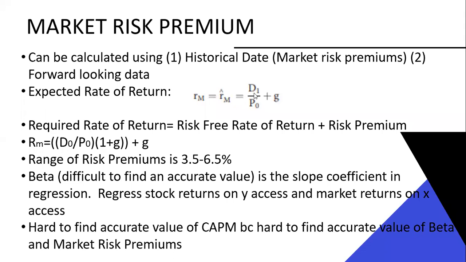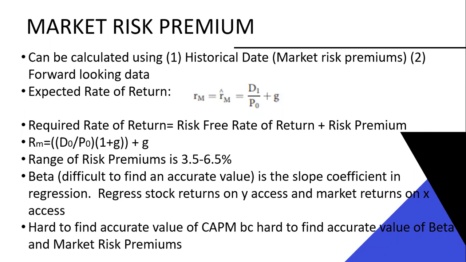Here D stands for dividend, P0 is the price of the stock, and g is the growth rate. And so the required rate of return is going to be the risk-free rate of return plus the risk premium, and again, the formula is given over here. The range of risk premiums is generally between 3.5 to 6.5%.